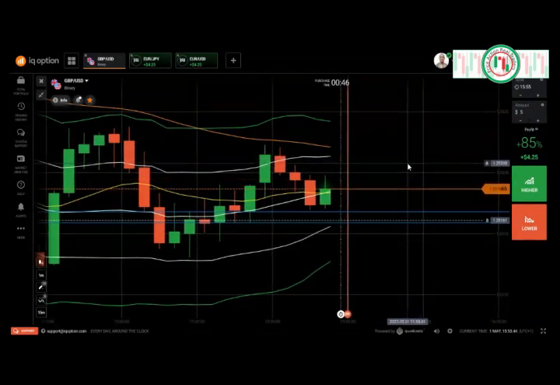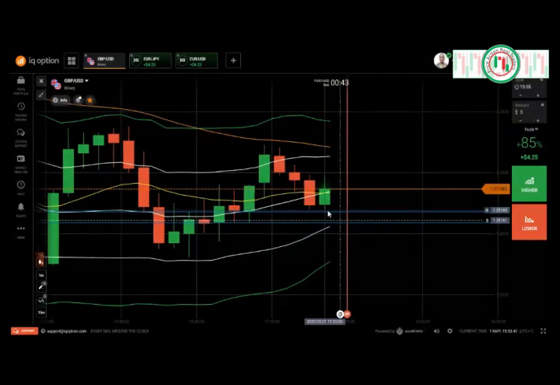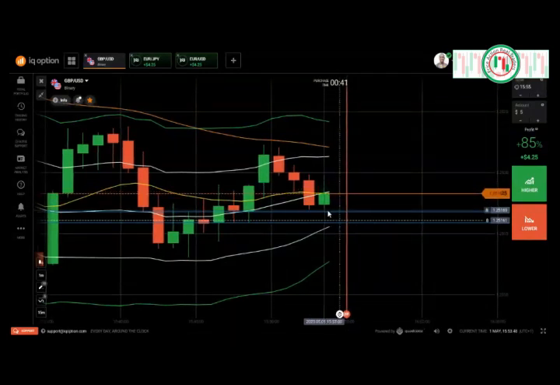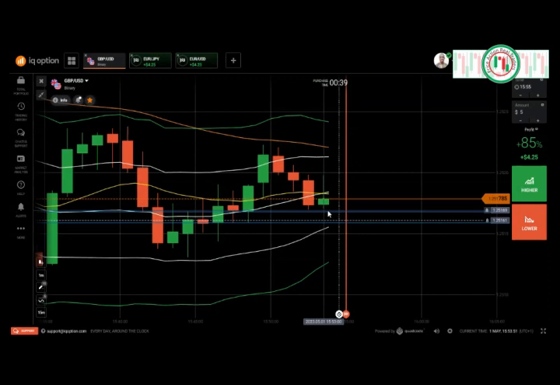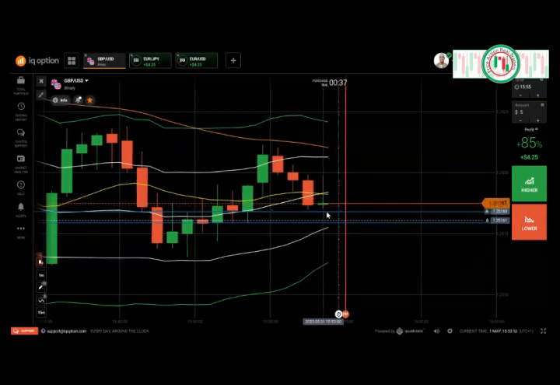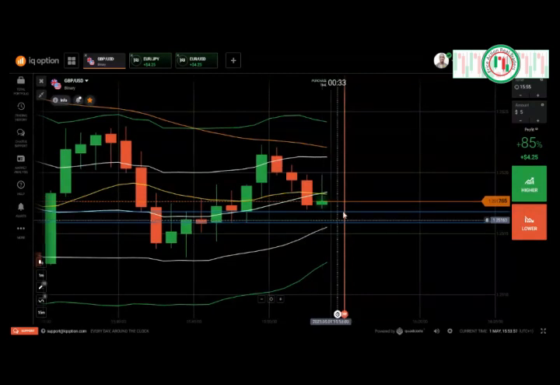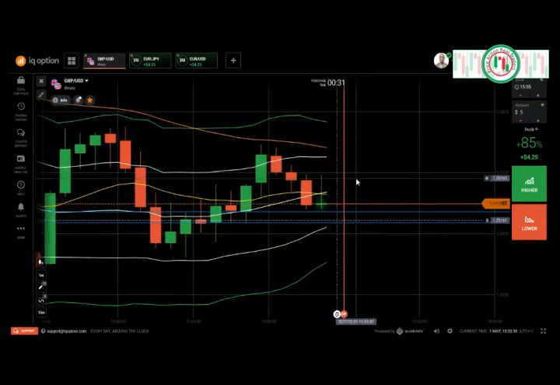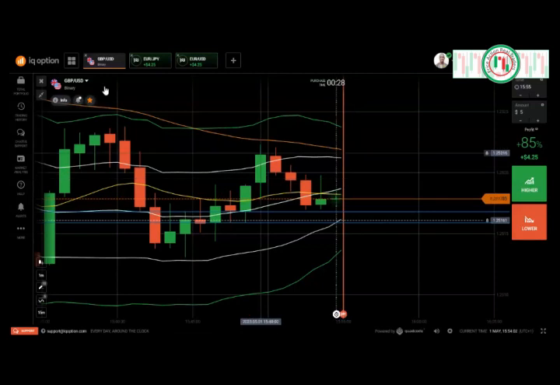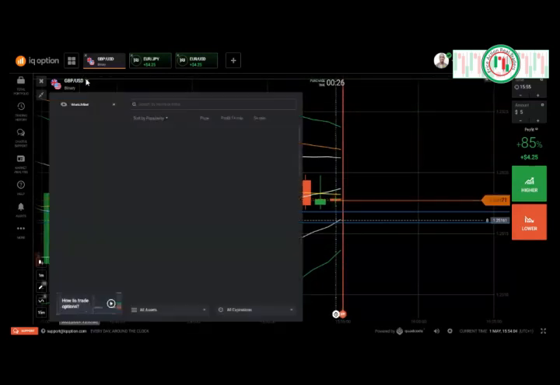So let's wait. Here you see the market is reversing.